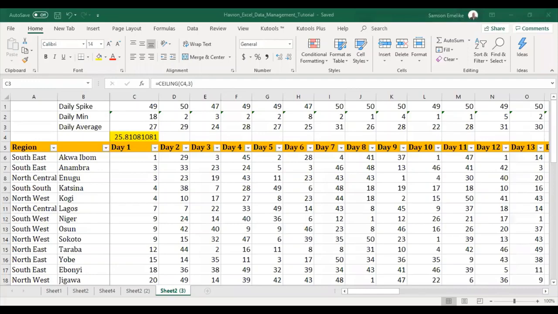You use insert where you have an idea of the function, but you don't know the full name, or you have an idea of what you want to do but you don't know the function. So you type, so that Excel will give you a list of functions that may help you do what you want to do. But if you understand the full function you are looking for and how it operates, you just go straight and type it. So that's the difference. So I just want to take 5 minutes to talk about subtotal.